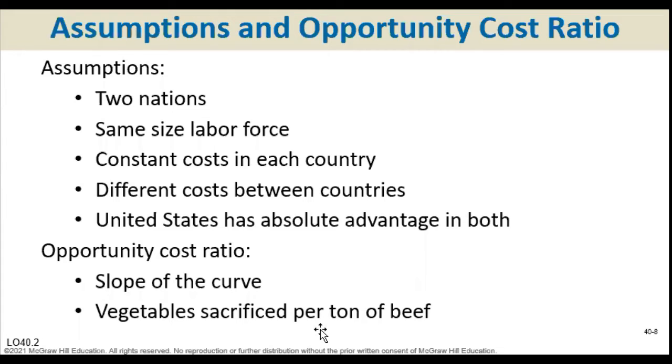We'll use the example of the United States and Mexico and assume that the United States, being bigger, with a bigger economy, has an absolute advantage over Mexico in producing the two goods in our analysis. So in this analysis, we assume two nations, United States and Mexico, same size labor force.